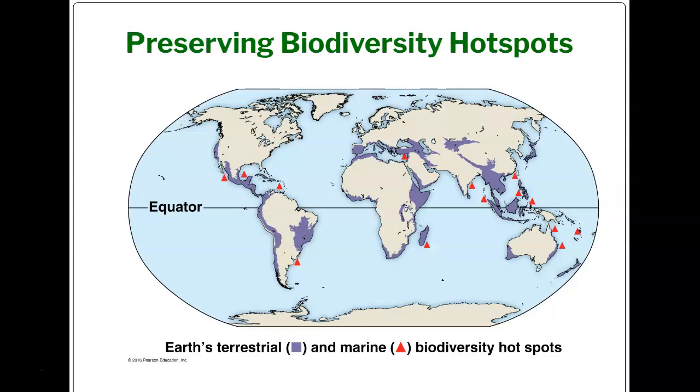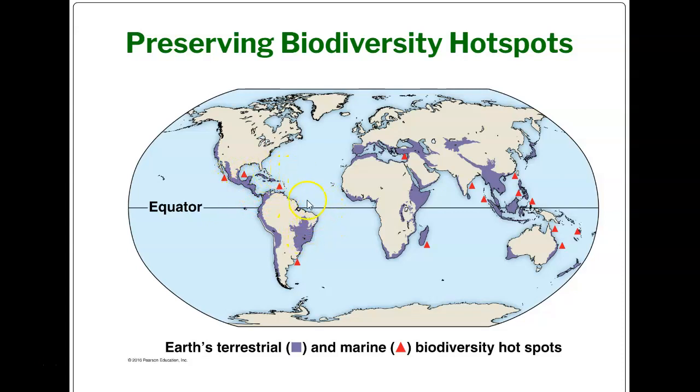Looking at the Earth as a whole, you can see these are considered biodiversity hotspots. So areas where biodiversity is known to be high. And in terms of terrestrial, you can see that in purple. You can see areas of Latin America have high diversity, Costa Rica, things like that.